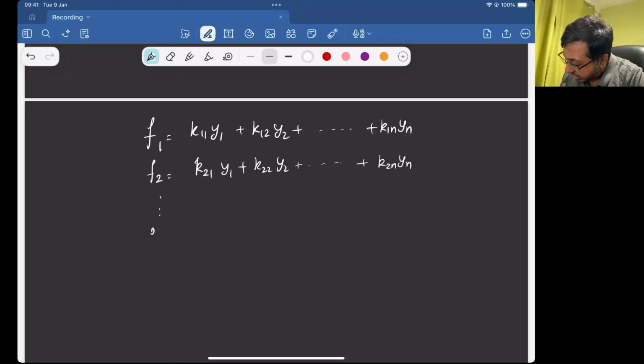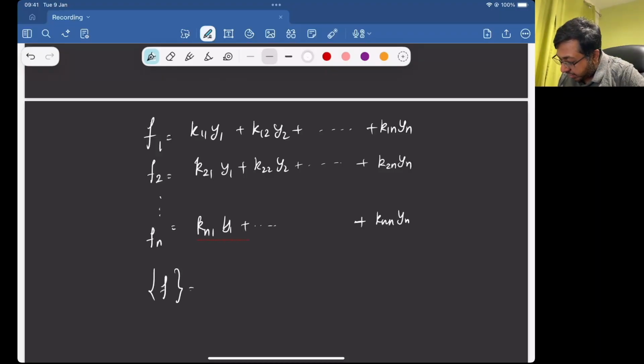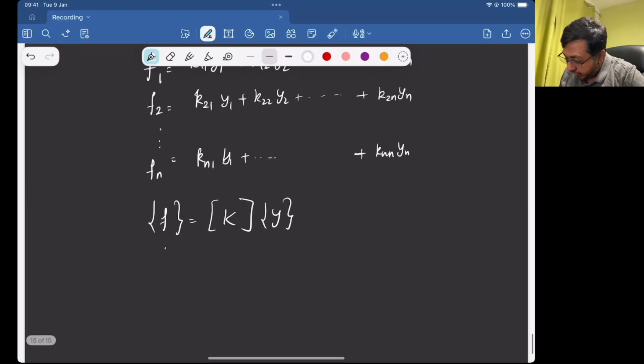Or similarly, Fn is Kn1 into Y1 plus so on plus Knn into Yn, for all the n number of points. I can recast this as a matrix equation where I have F equal to K into Y. This is nothing but my force vector, this is my stiffness matrix, and this is my displacement.